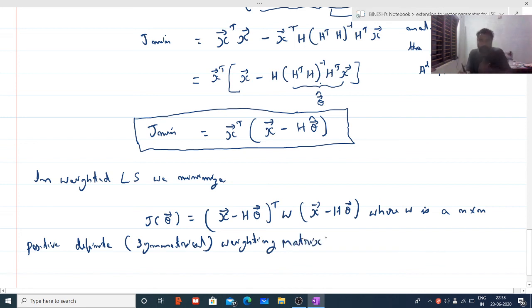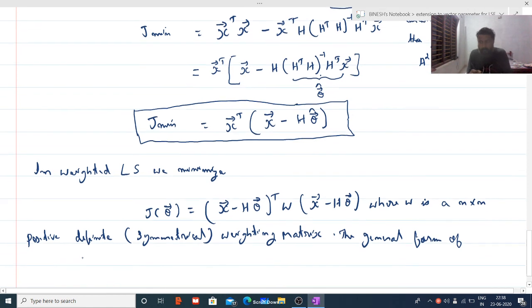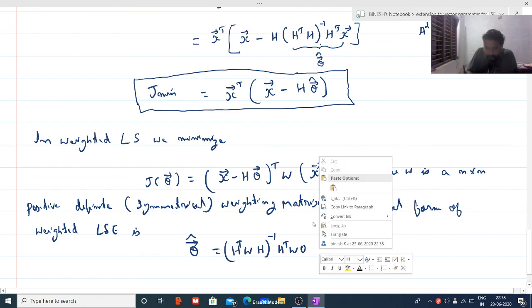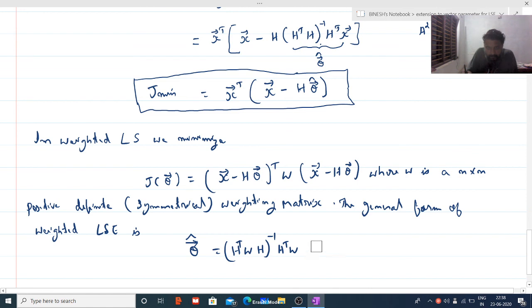So the general form of weighted LSE, weighted least square estimator, is theta cap is nothing but h transpose W h whole inverse h transpose W x.